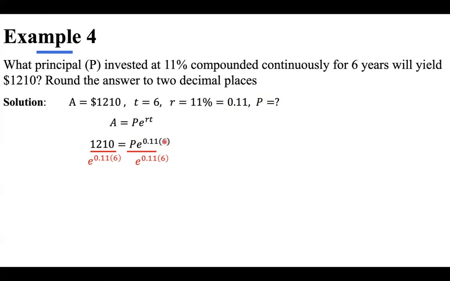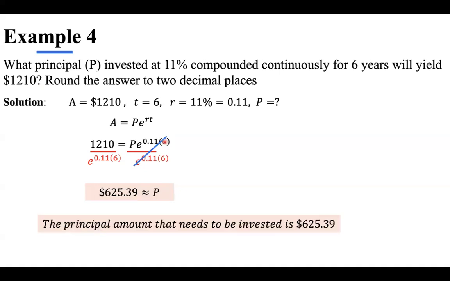And of course, that simplifies into P is equal to $625.39. So we would need to start with about $625.39 to get this amount after 6 years.